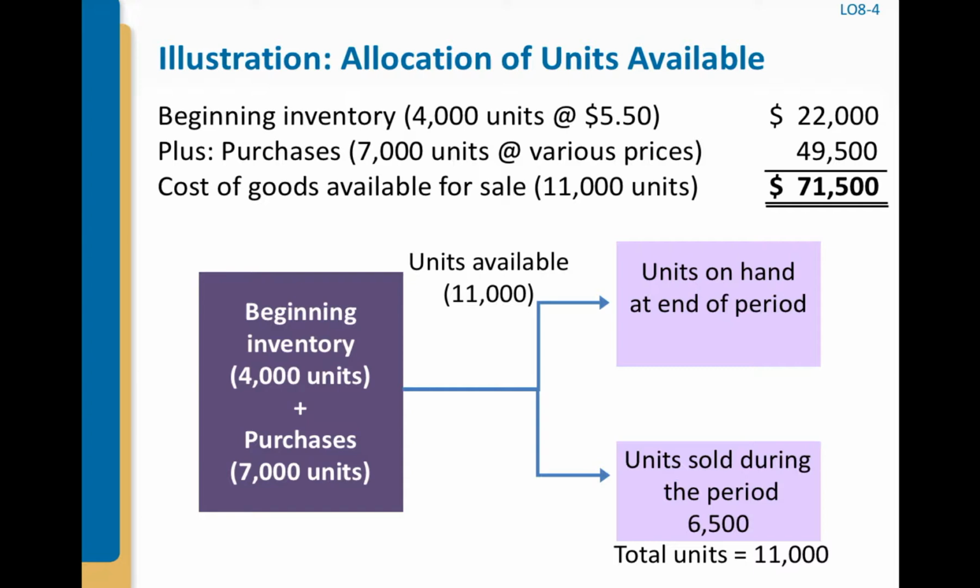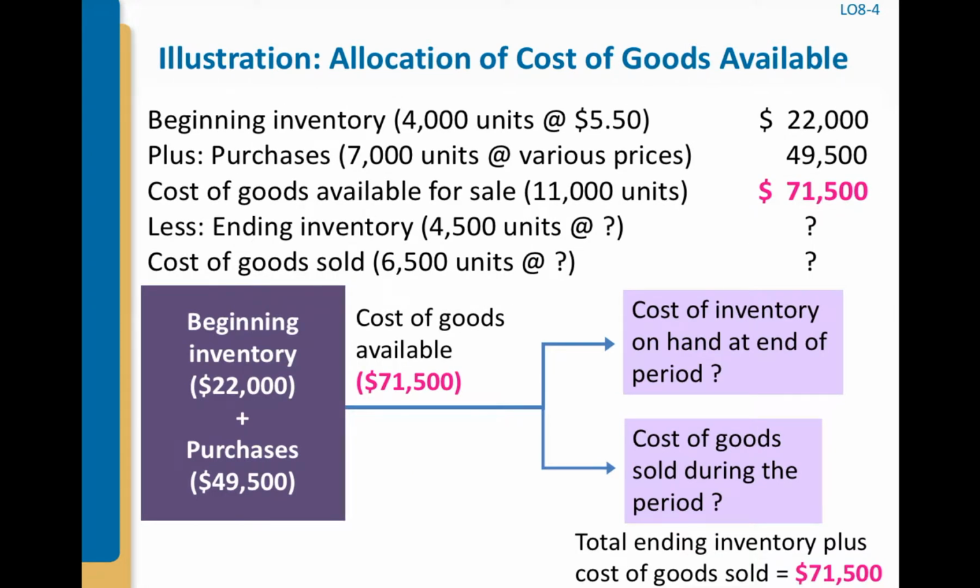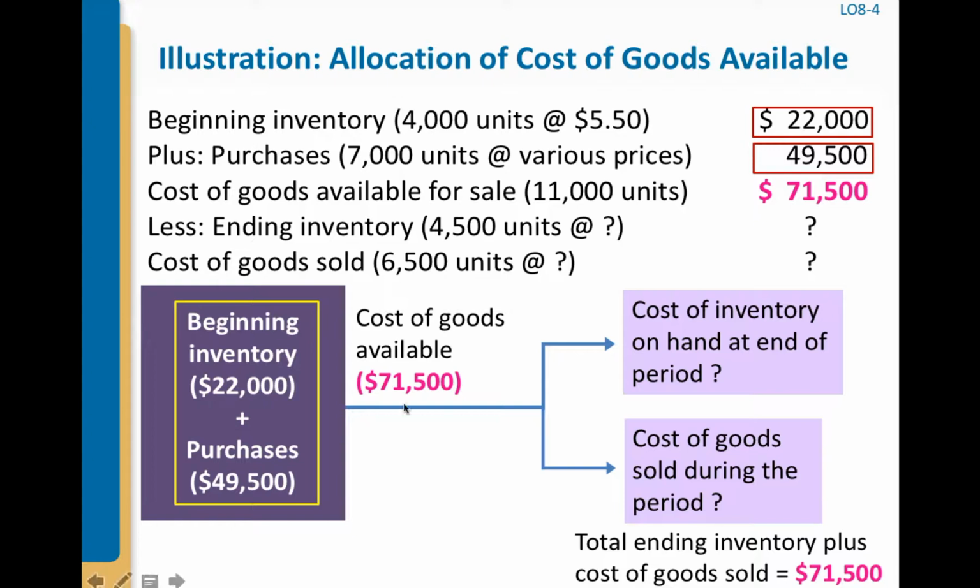Units available is obviously beginning inventory plus any purchases that we make, and we are going to make sure that when we track those, we are keeping track of them in their various cost categories. Cost of goods available for sale is the total of beginning inventory plus purchases.